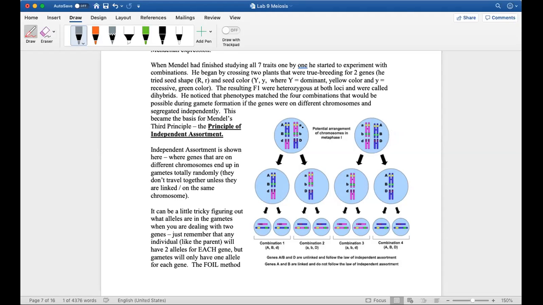So for example, on this chromosome we have a gene, big A, little a. Let's just say that this gene is for eye color. I'm making stuff up, okay? And we have big B, little b. Let's say that that is hair color.